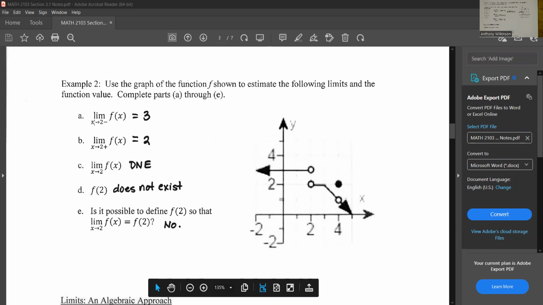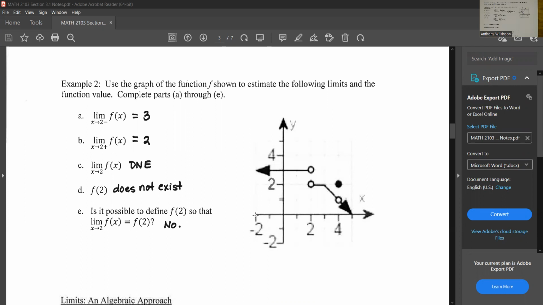If you look at this graph right here, you have the limit as x approaches 2 from the left of f of x. Here's 2. This is getting closer and closer to 3 here. Because from the left of 2, our f of x value gets closer and closer to 3.